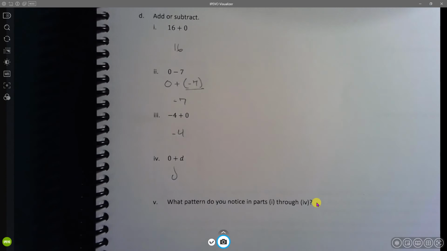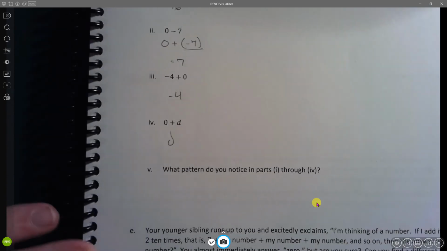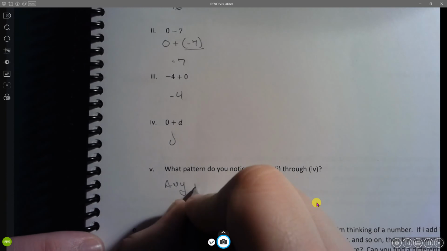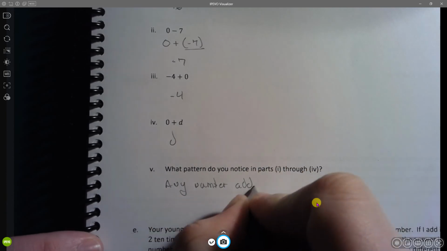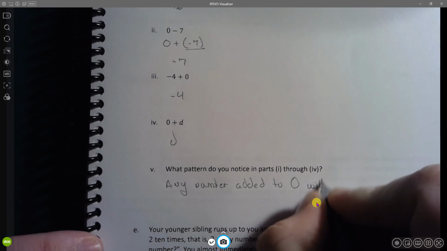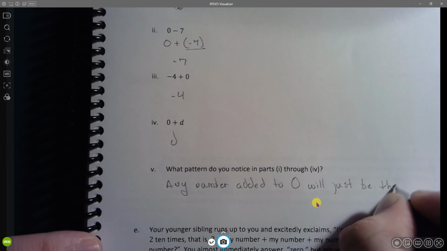What patterns do you notice in parts 1 through 4? Any number added to 0 will just be the number.